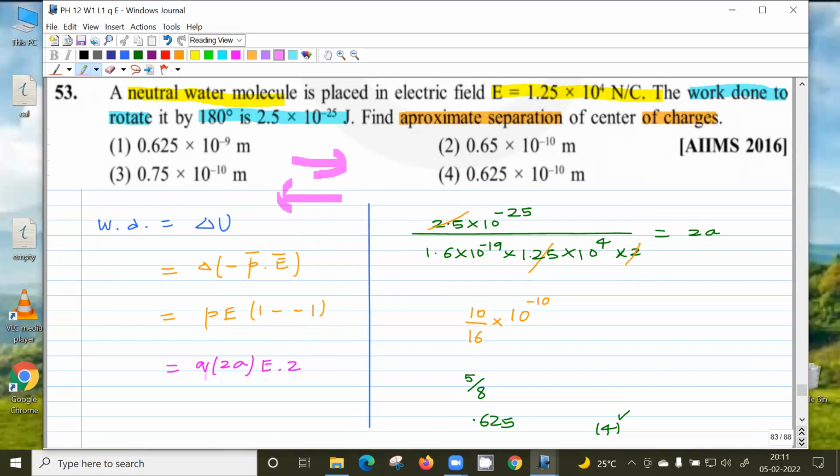And P is Q into the separation 2A, times electric field, and the work done value is given as 2.5 into 10 to the minus 25, and electron charge is 1.6 into 10 to the minus 19, and the electric field value is given. So the 2 will cancel with 2.5 to give 1.25, and minus 19 plus 4, so it will become minus 10.